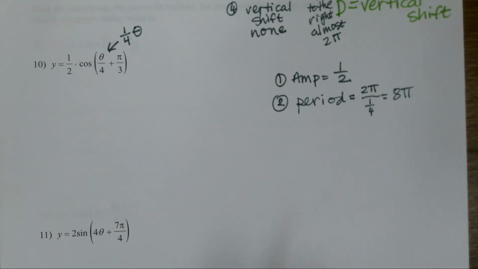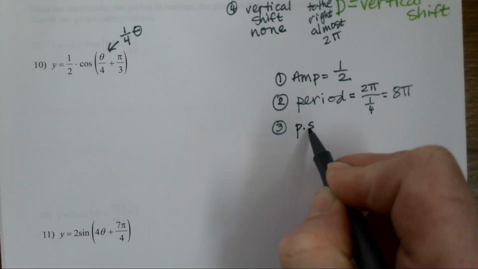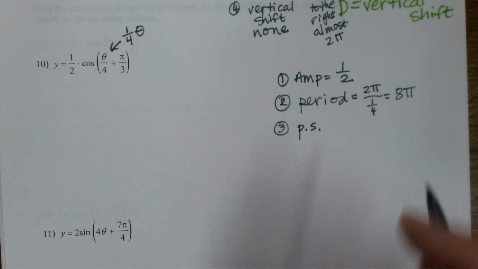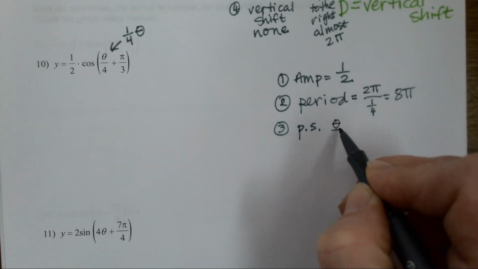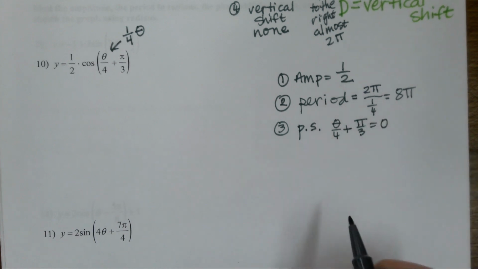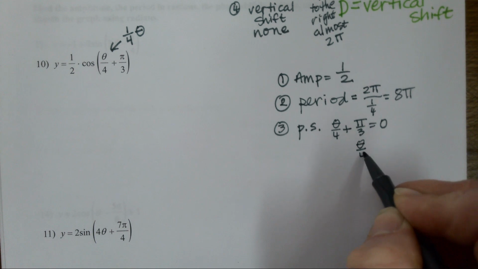Then I'm going to do my phase shift. I'm going to get lazy and I'm just going to do PS for phase shift. I hope that doesn't bother you. So my phase shift happens when theta over 4 plus pi over 3 equals 0. So I will subtract the pi over 3.